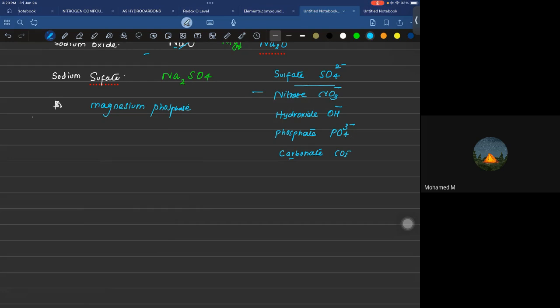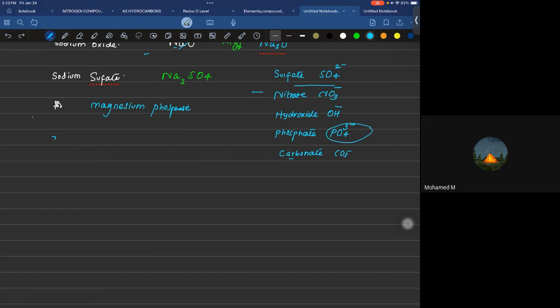Magnesium phosphate. So magnesium phosphate would be Mg3PO4. Oh wait, no. Mg3PO2 or 6. Wait, no, I'm not sure.